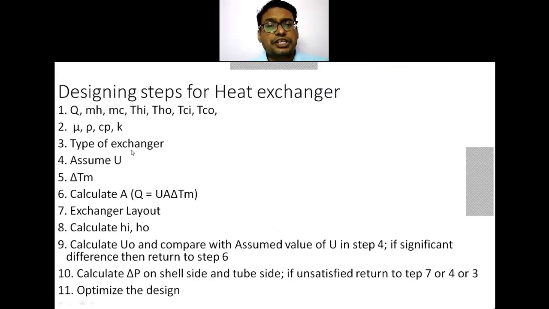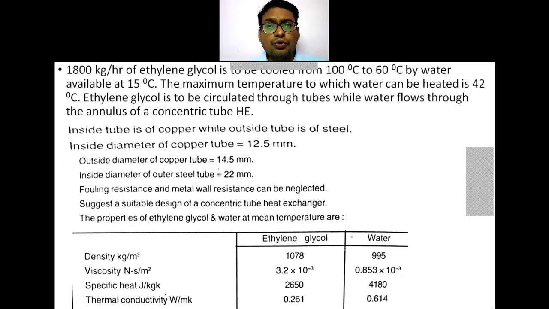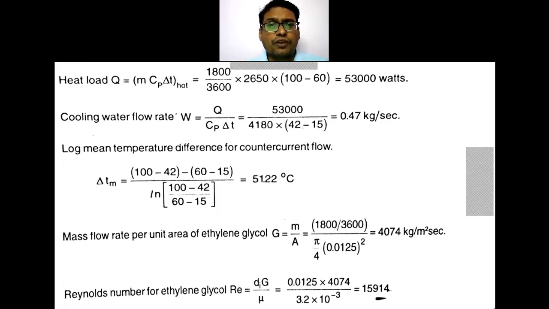Then the exchanger type, this is our double pipe heat exchanger. Assume the overall heat transfer coefficient. In this numerical, there is none, okay, one by one we will see here. So heat load Q is equal to m cp delta T for hot fluid.